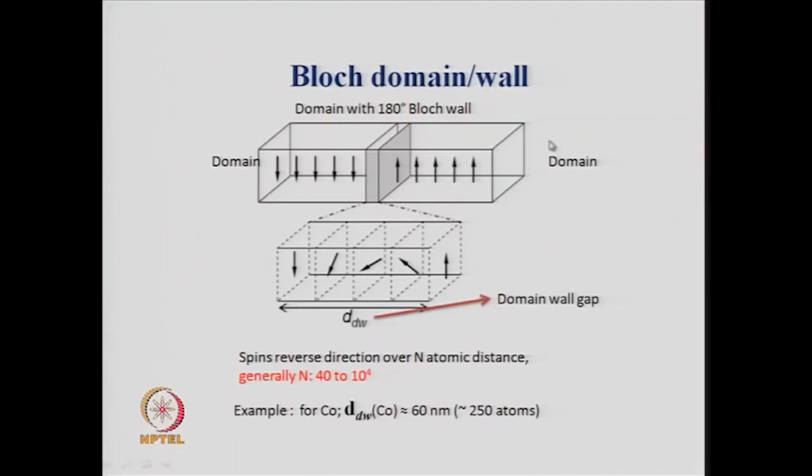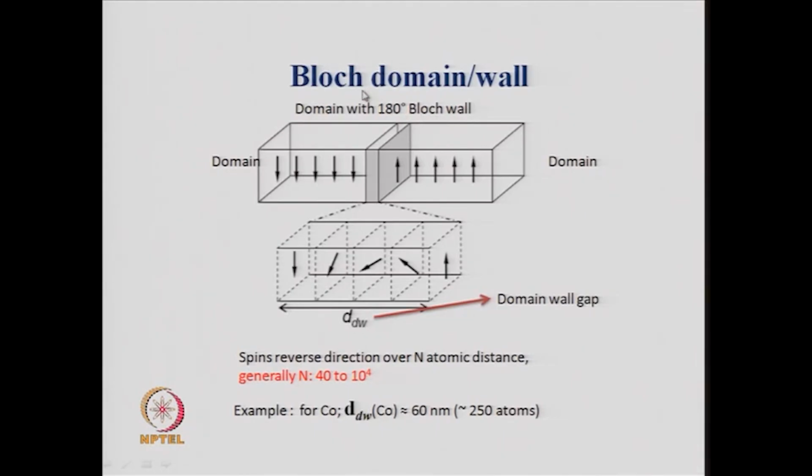So, because of these factors you may have different types of domain walls and domain wall energy. Now, here is an example of a 180 degrees domain wall, or we also call the block wall.